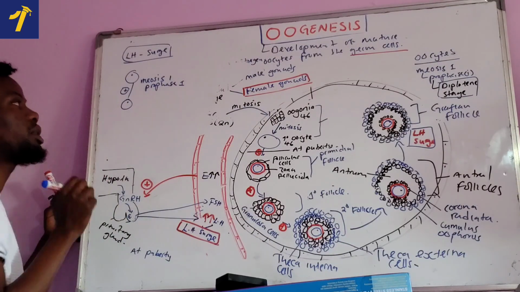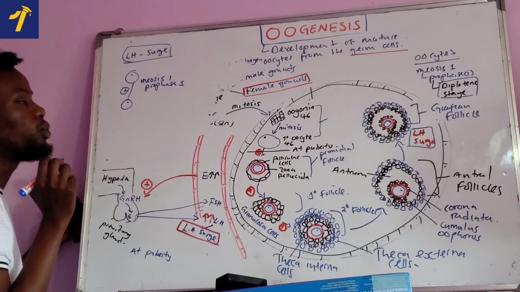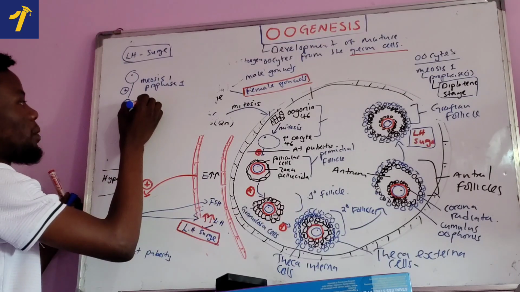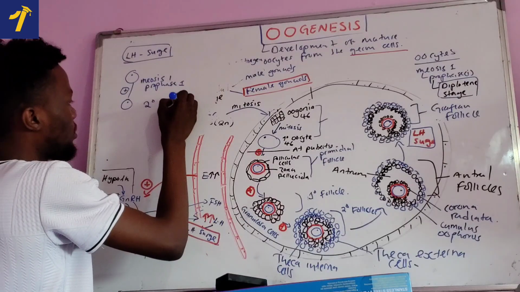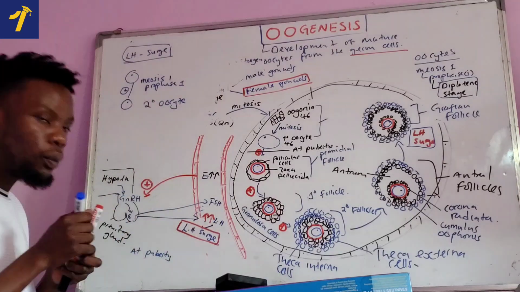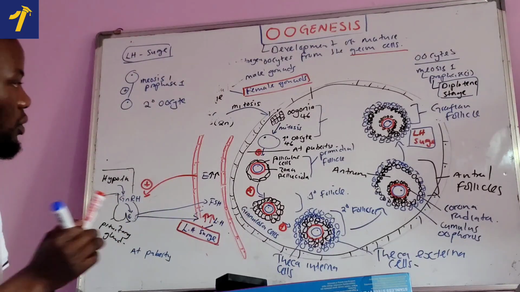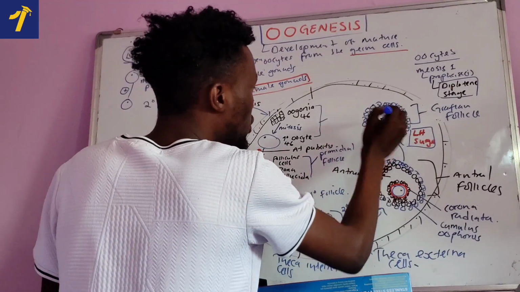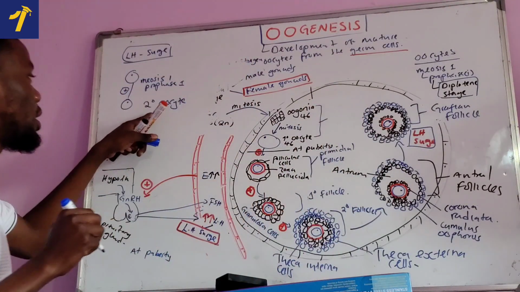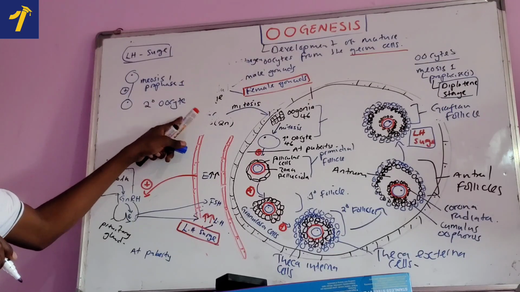The moment it completes meiosis 1, it's going to change its name into the secondary oocyte. Okay, we need to take note of that. Just before ovulation happens, this oocyte is going to change into the secondary oocyte.